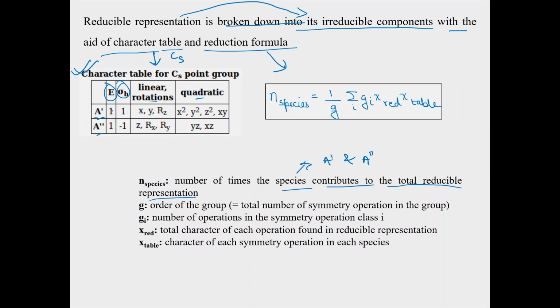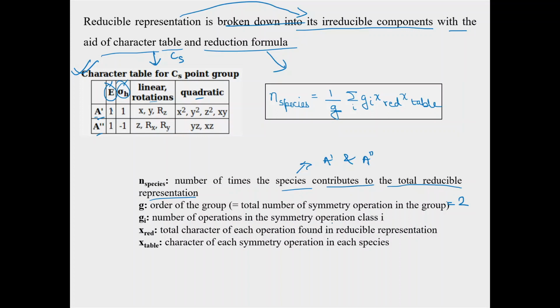What is g in this equation? g is the order of this point group, which is equal to the total number of symmetry operations in this group, so 1 E and 1 sigma h. What is the order of this point group? It's 2. Then next is gi. What is gi?